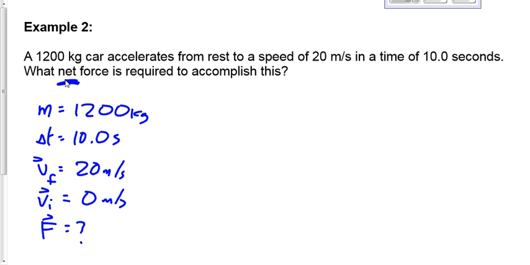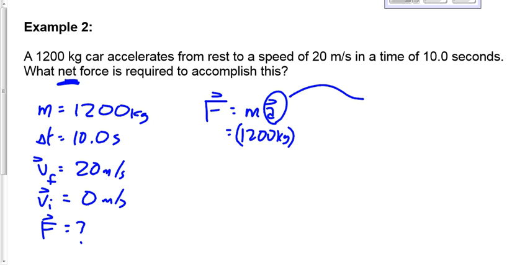The one that I'm going to do first, just the way that my mind works, is this. I'm looking for net force, right? I only have one equation with net force, right? So let's try F is equal to m times a. And then I realize, as I sub my numbers into that, I don't have the acceleration. Well, that's fine.